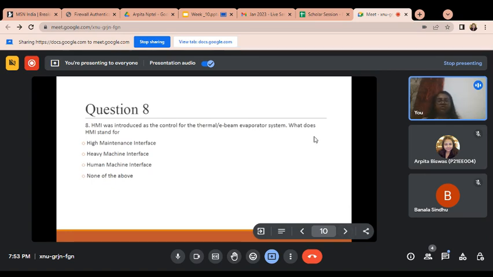HMI was introduced as the control for the thermal or e-beam evaporation system. What does the HMI stand for? The first option is high maintenance interference, the second option is heavy machine interface, the third option is human machine interface, and the last option is none of the above.